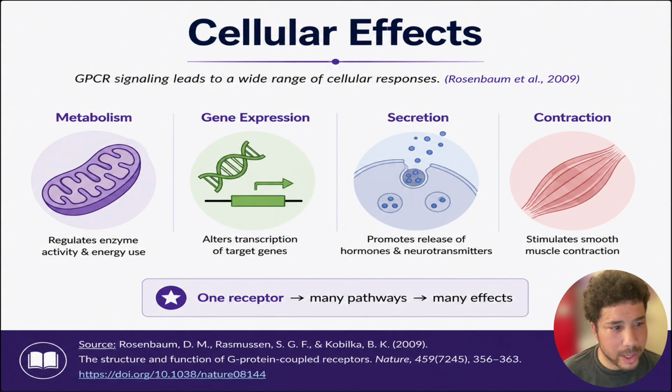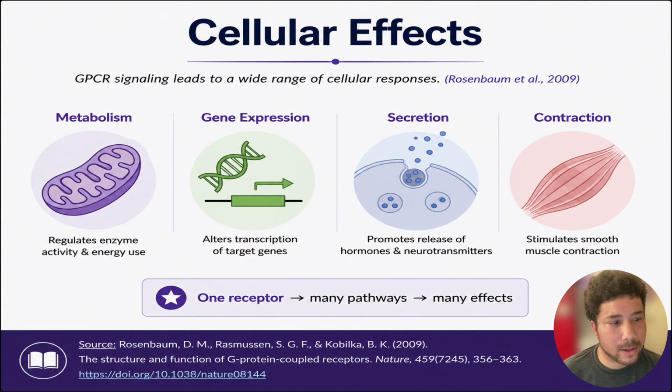A well-known example is CREB, the cyclic AMP response element binding protein. When phosphorylated, CREB can influence the transcription of specific genes. Therefore, a signal that begins at the plasma membrane can eventually alter which proteins the cell produces.